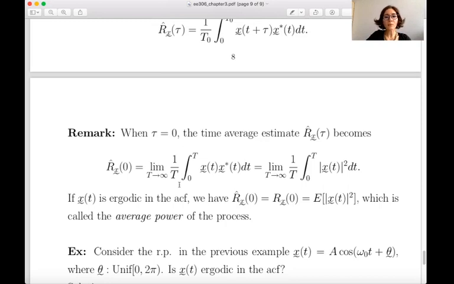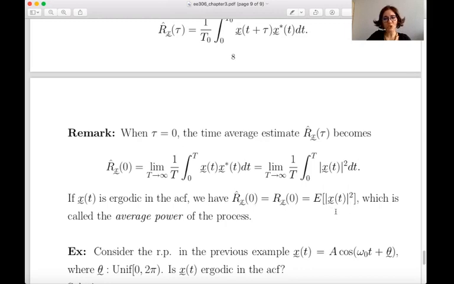But if your random process is a special one, namely if your random process is ergodic in the ACF, then you have this nice equality. Our x hat of 0, the estimate at 0, will be equal to the true autocorrelation function, which is the expected value of x of t magnitude squared.